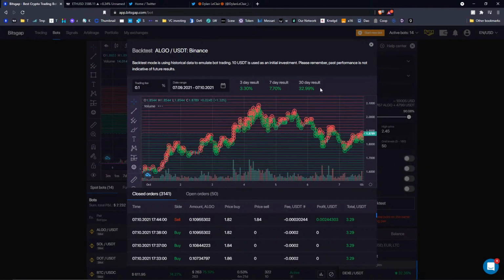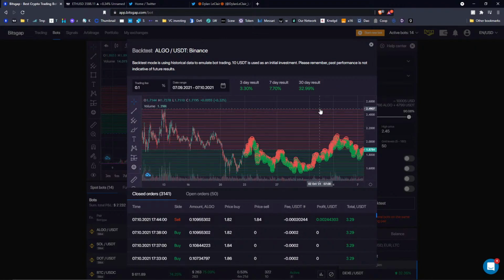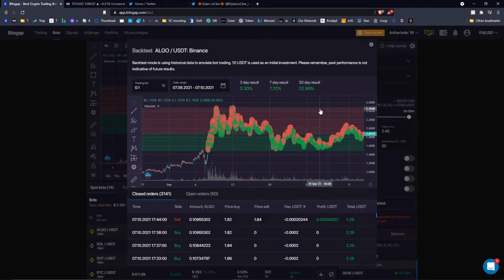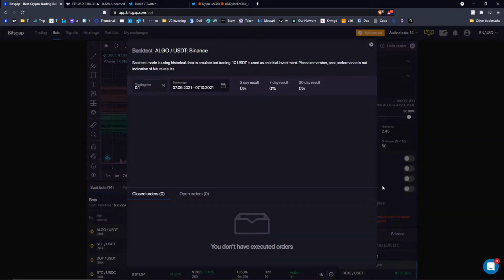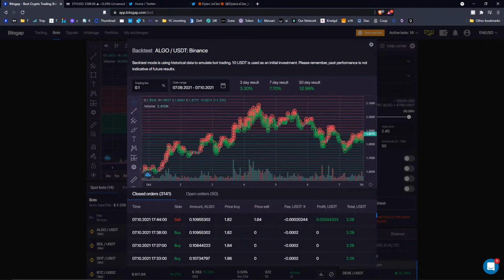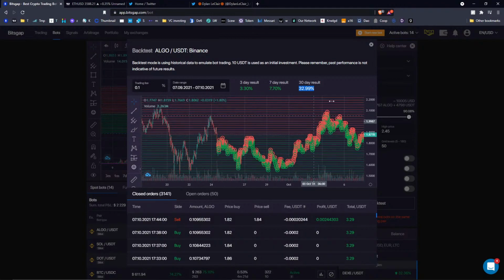It just shows you the bot profit for this period. So with the configuration where I have 0.99% of the grid step and 50 grid levels, the result would be 33% per month.